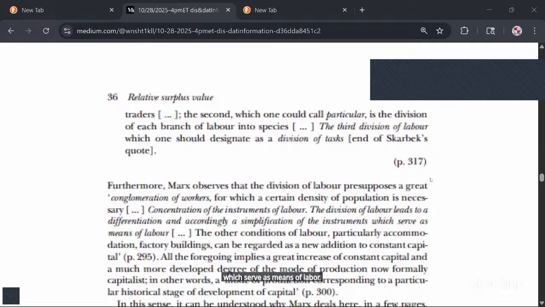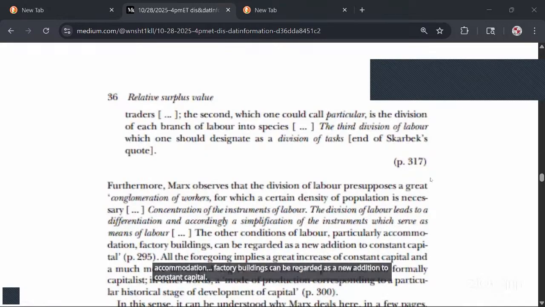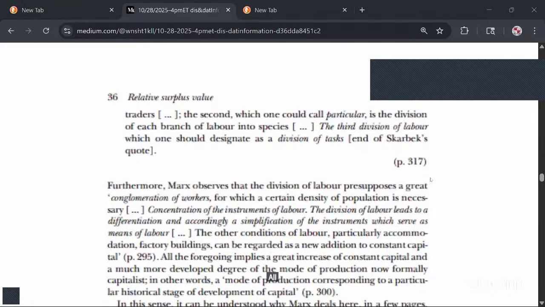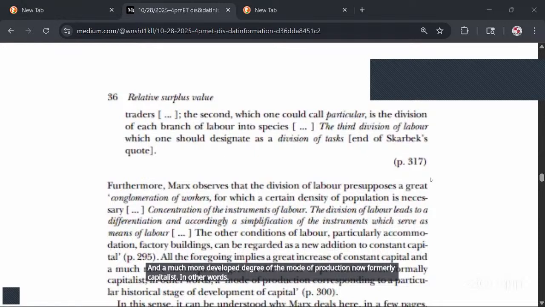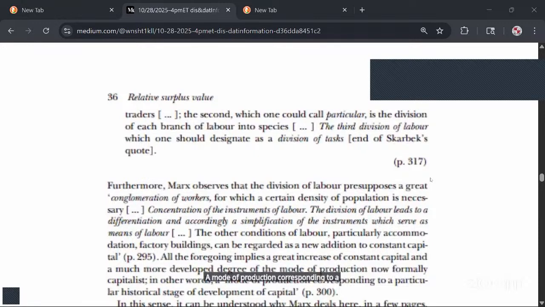The other conditions of labor, particularly accommodation, factory buildings, can be regarded as a new addition to constant capital. All the foregoing implies a great increase of constant capital and a much more developed degree of the mode of production, now formally capitalist. In other words, a mode of production corresponding to a particular historical stage of development of capital, close quote.